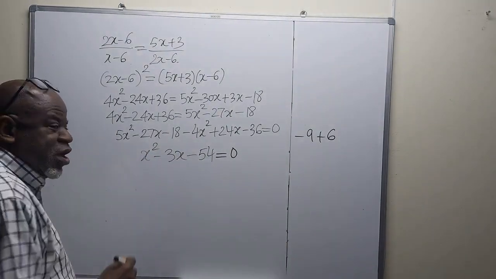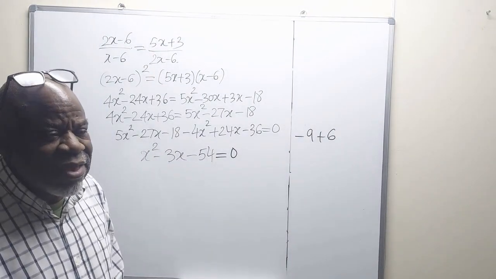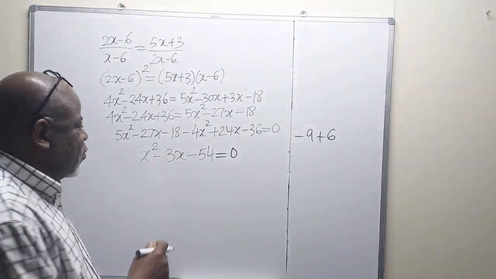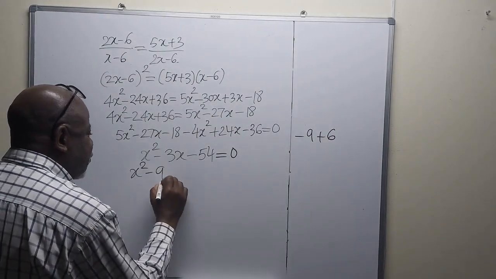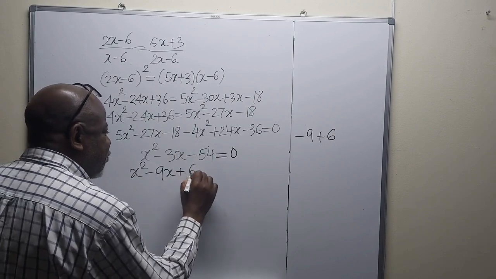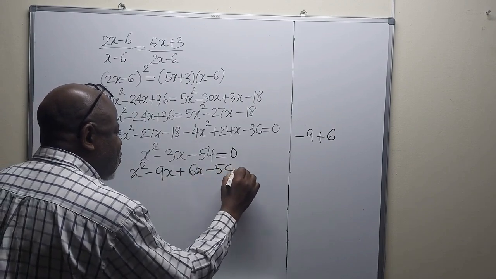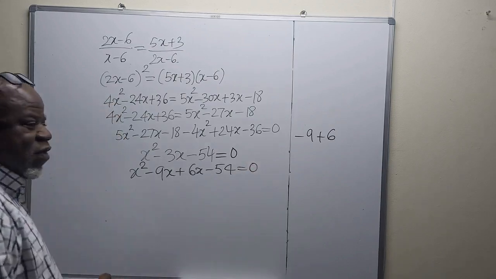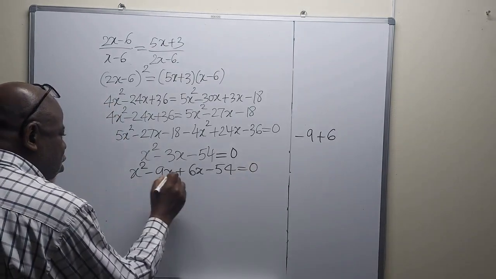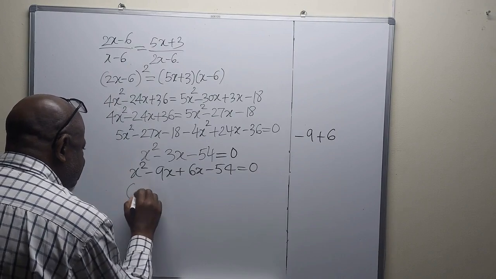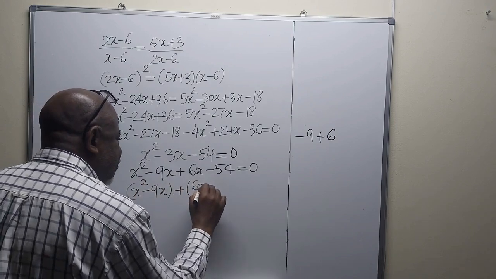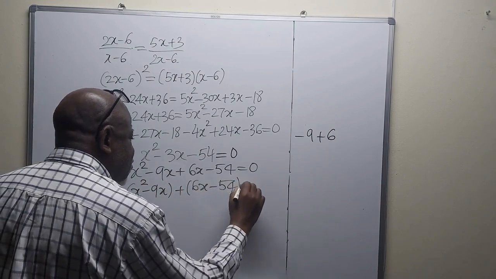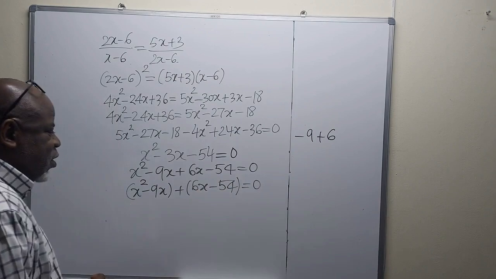By using the grouping method, we will factorize this trinomial. x² − 9x + 6x − 54 equal to 0.